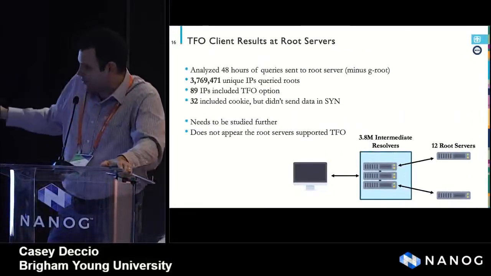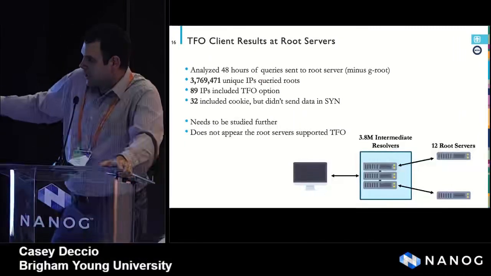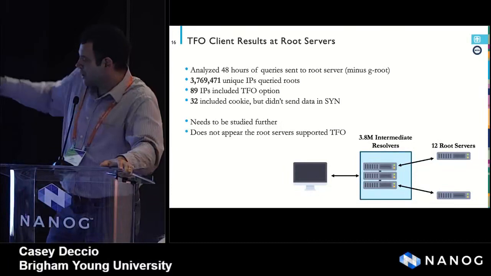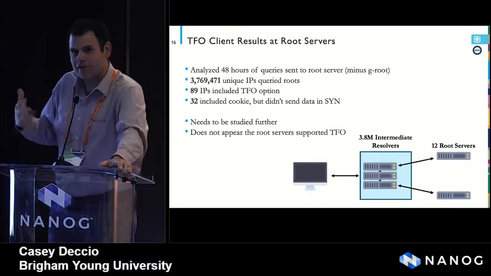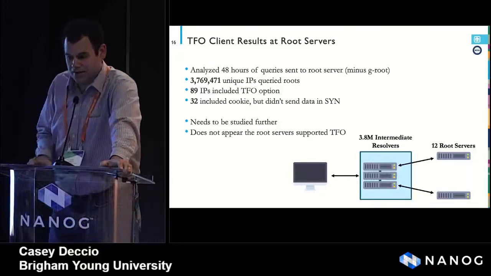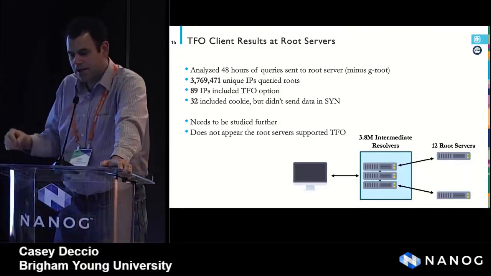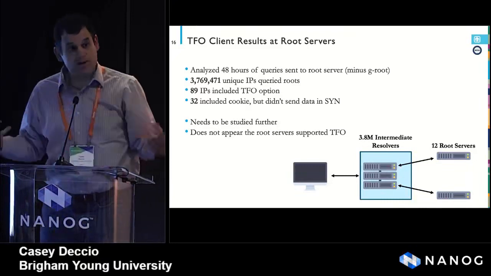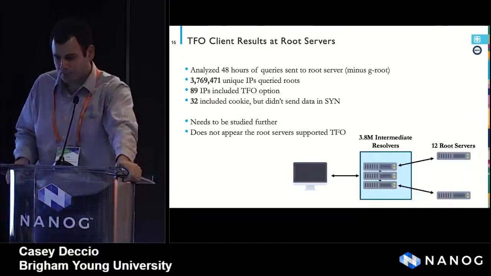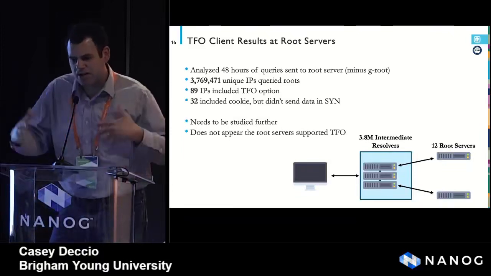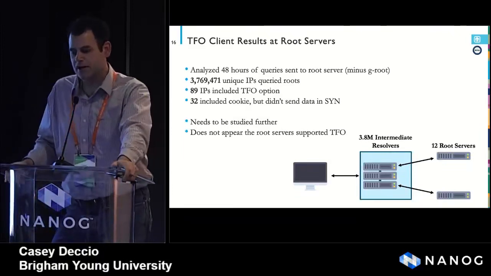But anyway, first, when I looked at the authoritative side, we were looking at which servers were supporting it. Then we wanted to look at which clients. So we have this wonderful set of data that we call the day in the life, or the DITL data, that is a 48-hour capture from queries that are going to the root server. In this case, G-root was not involved, but all the other root servers, we got some portion of their traffic during 48 hours.